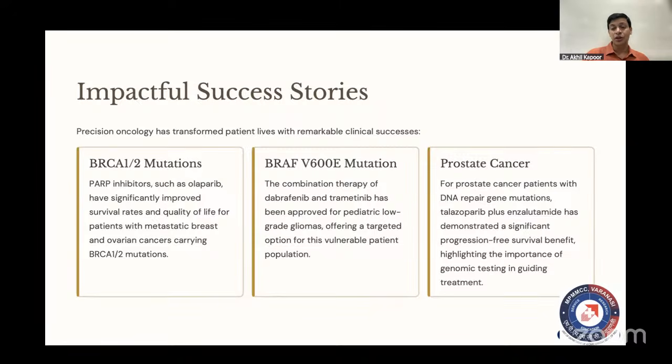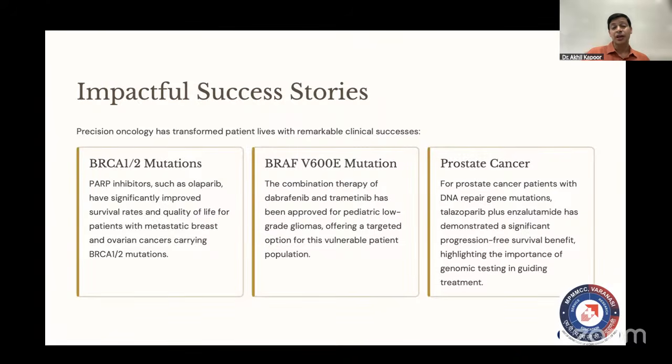There is a specific drug group called poly ADP ribose polymerase inhibitors, called PARP inhibitors. There are two very important drugs which are presently available, olaparib and rucaparib. Thankfully, both are generic molecules, and that is why the drug is very cheap and easily available. The cost is hardly 2,500 to 5,000 rupees per month now.